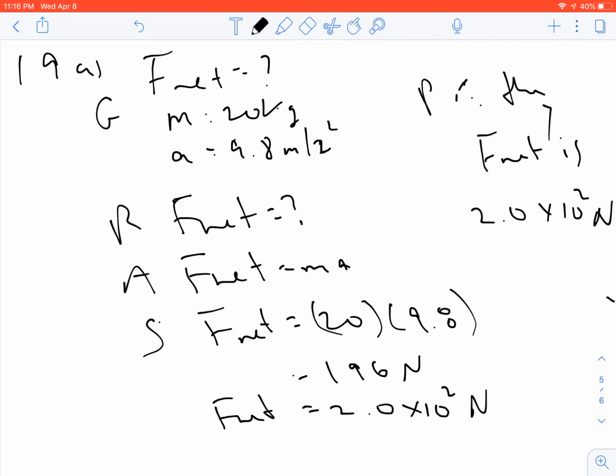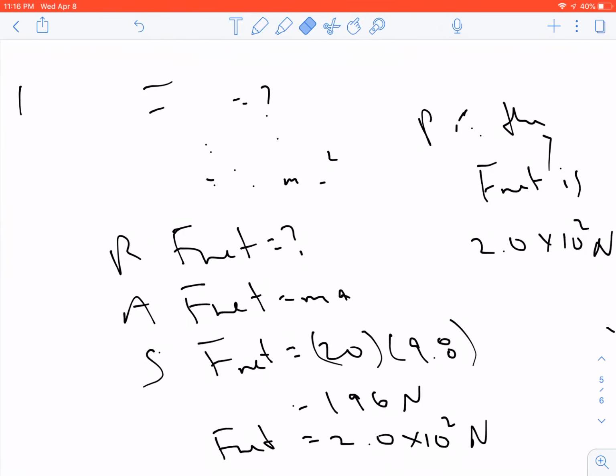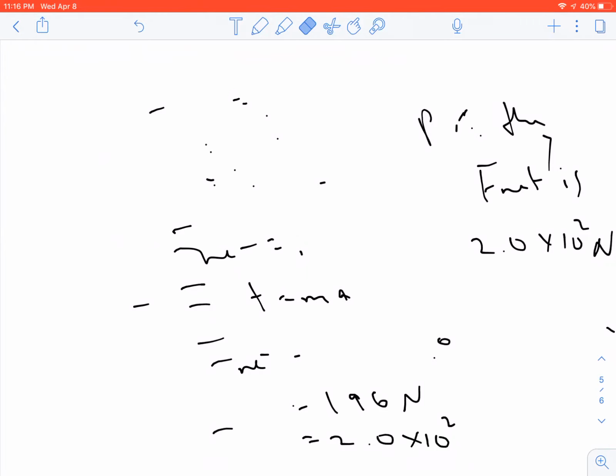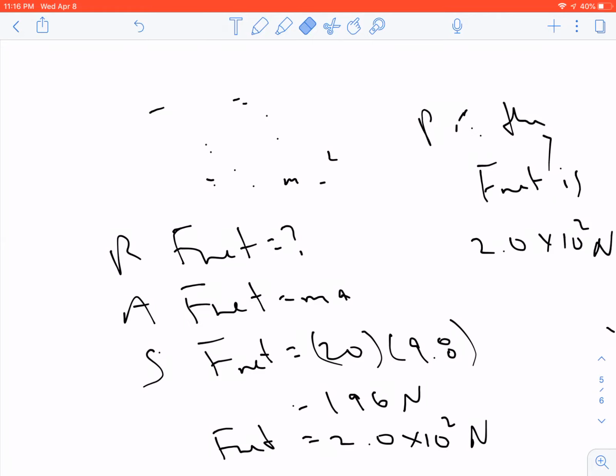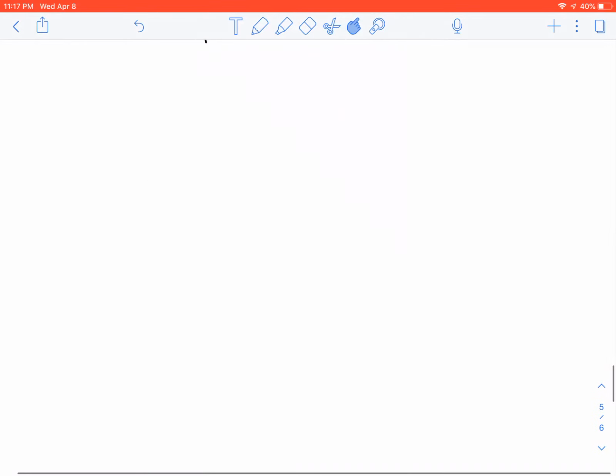Question 19c is asking you to do a similar thing, except now the units are a bit interesting. All right, so the units are in kilograms, meters per hour. Sorry, I've got no easy way to clear my board here. Maybe I can just move up. There we go.